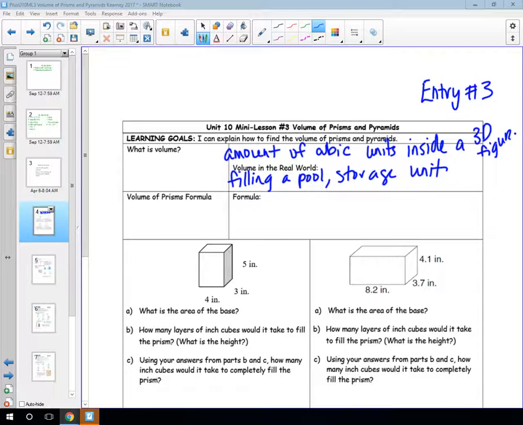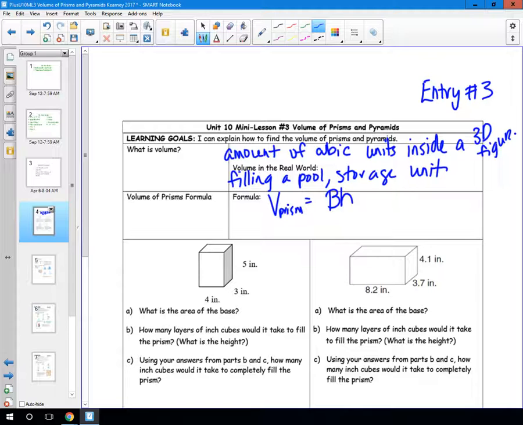So your formula for the volume of any prism is: volume of a prism equals big B times H. Okay, and big B stands for the area of the base.